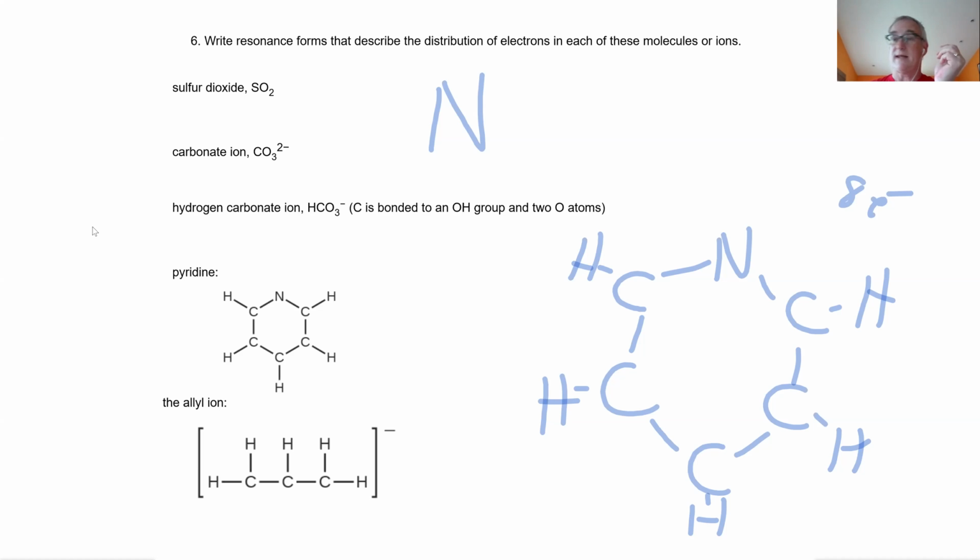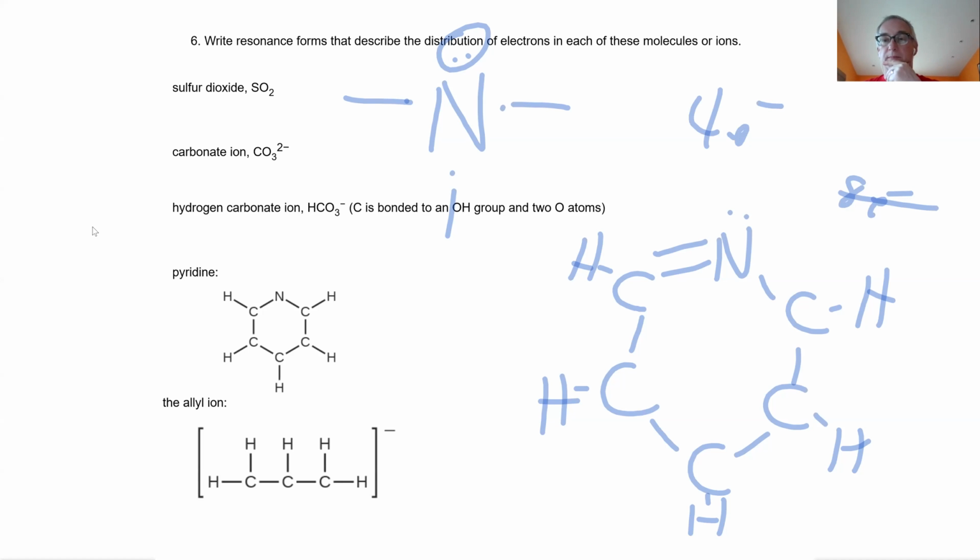Because if we do the dot structure for just nitrogen, we go 1, 2, 3, 4, 5, so we're going to have a lone pair and 3 bonds. So give it the lone pair and give it another bond with one of the carbons. Doesn't really matter which one. Let's say that one. Now we're down to 4.